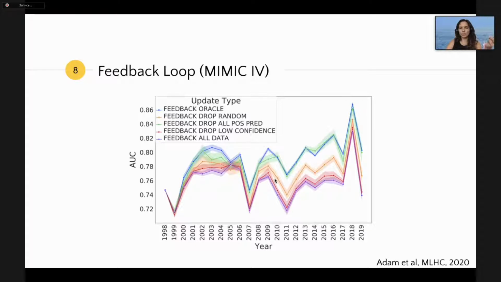And of course, dropping low confidence predictions assumes that we actually trust the model, right? That our model is well calibrated, and sometimes you just don't have enough context, so your model is not as well calibrated as you expect. So these are some of the strategies that you could do right away if you wanted to implement a model in healthcare and wanted to try to mitigate the feedback loop.